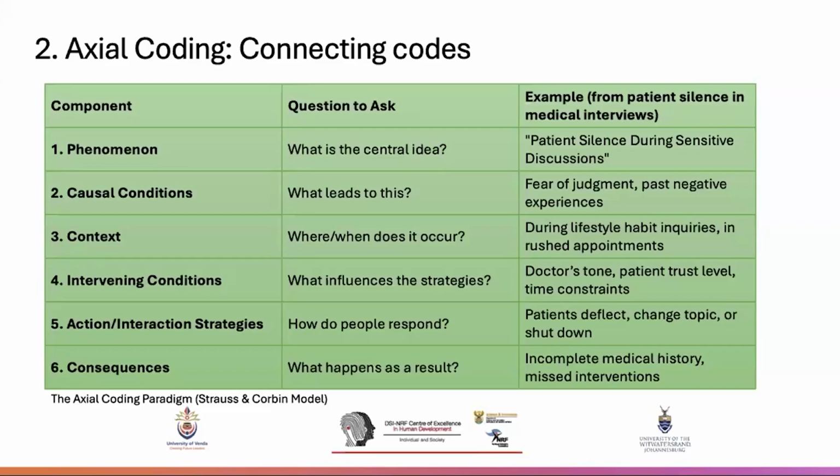And then we now look at the intervention conditions. And the kind of question that you need to ask yourself is, what influences the strategies? And looking at our previous excerpt, the doctor's tone gave a sort of assurance to the patient, and that enabled a trust level.